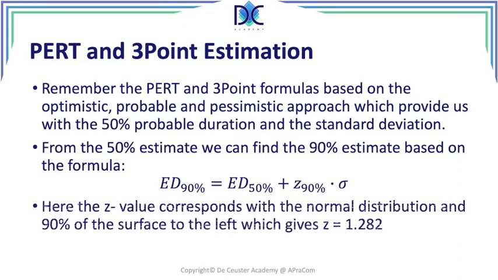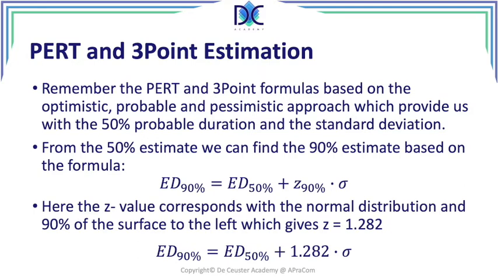We then find that the Z value which corresponds with a 90% probability is approximately 1.282. Of course, we have more decimals, but I limited it to 3 decimals here. So, starting from the 50% estimate, we can calculate the 90% estimate by adding 1.282 times the standard deviation to the expected duration at 50%.